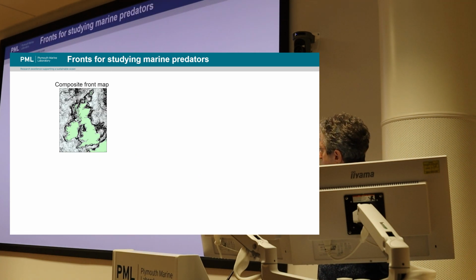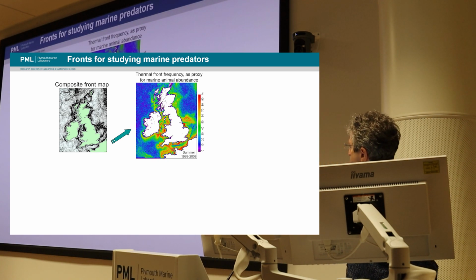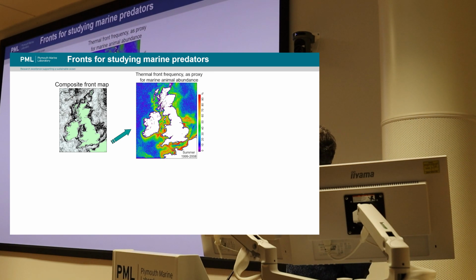So what I've done with these over the quite many years now, is to propose and develop different tools for how we can apply this to marine ecology. So the first thing I did was to look at the long-term distribution of ocean fronts.